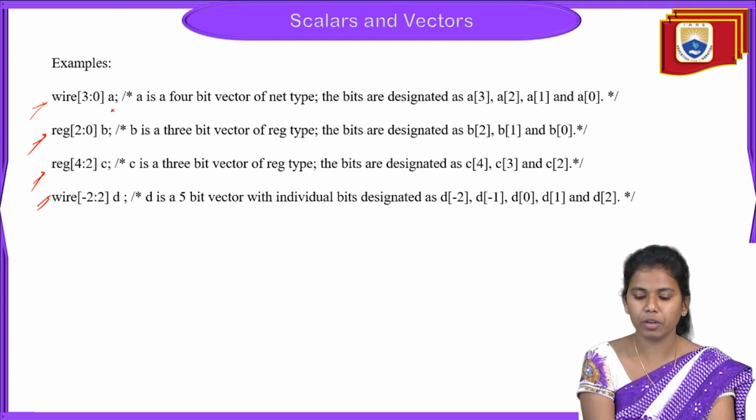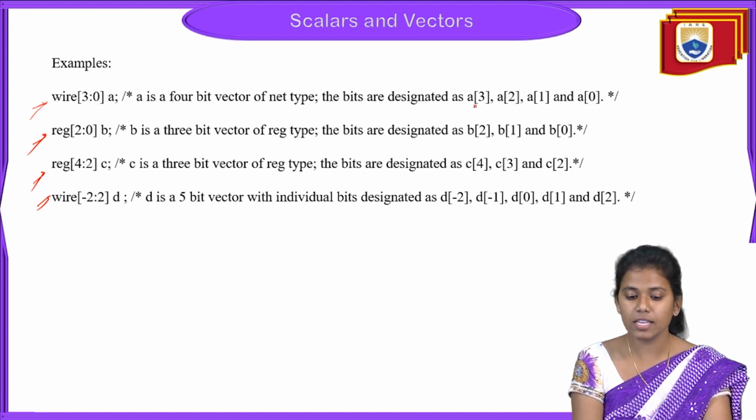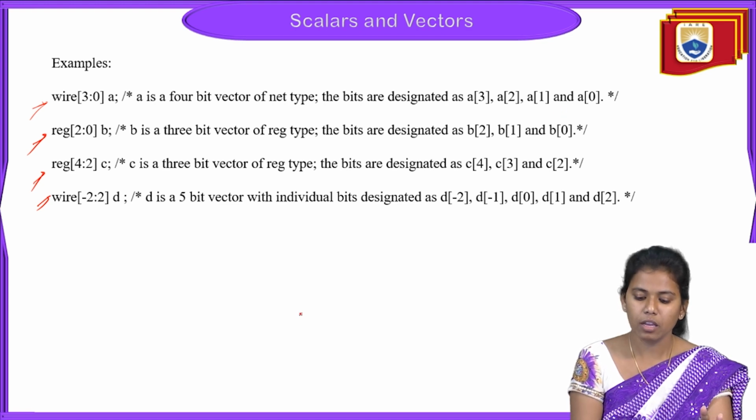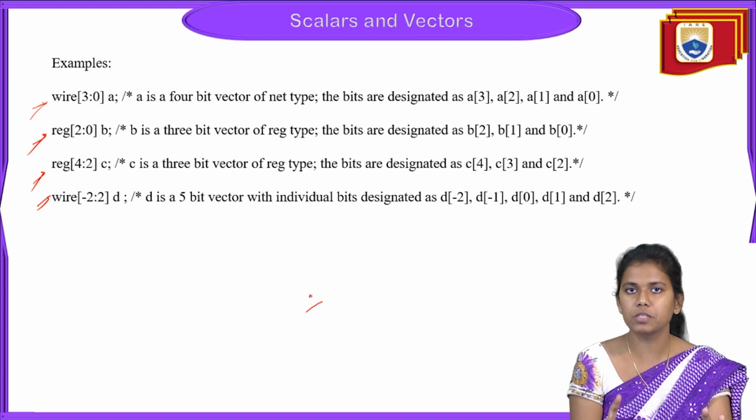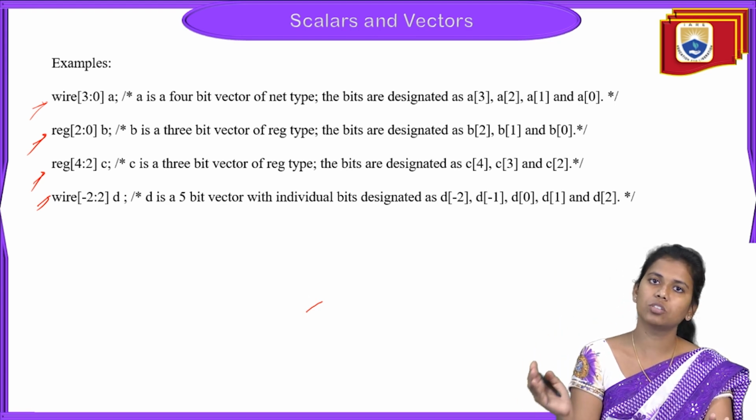A is a 4-bit vector of net type, and the bits are designated A3, A2, A1 and A0. So totally 4 bits we observe. That is in terms of wire. What is a wire? A wire is nothing but an output observed as only 1 bit, and that bit can be given as input to other digital circuits.